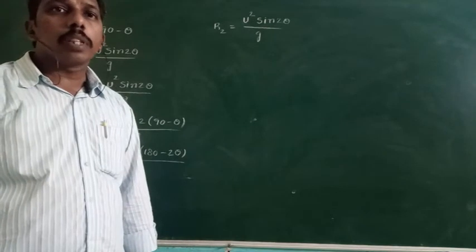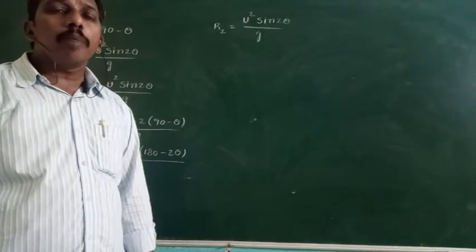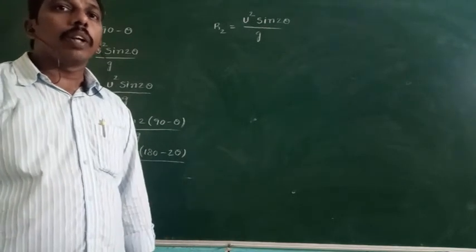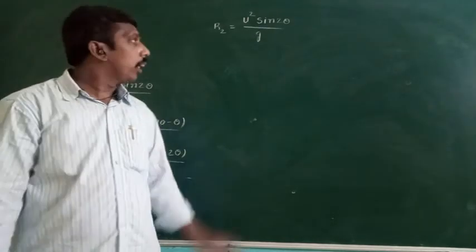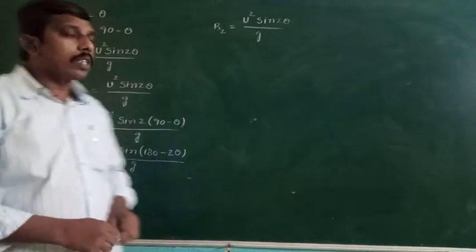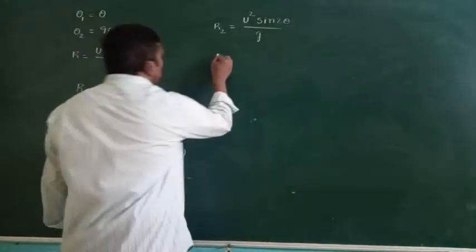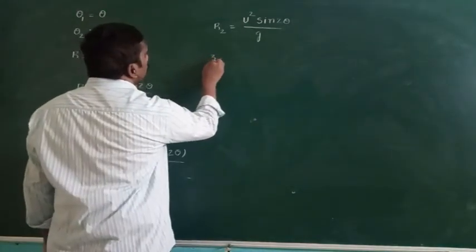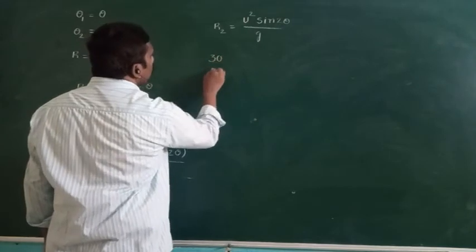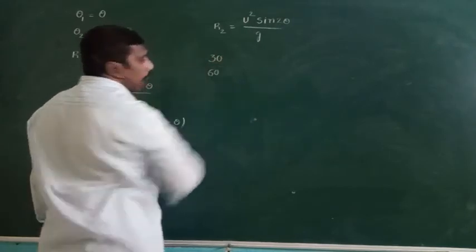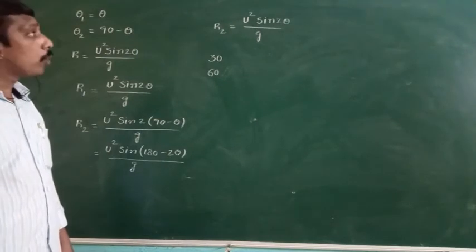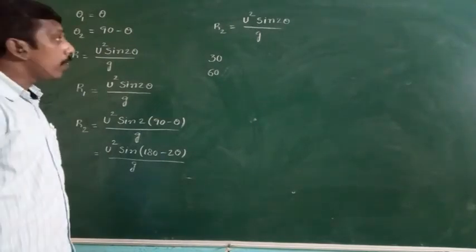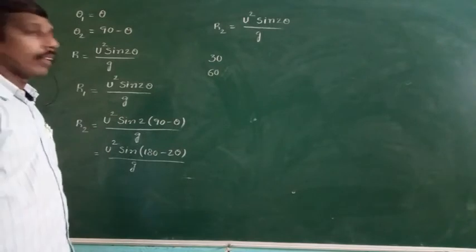If two bodies are projected with the same initial velocity but complementary angles, the range is the same. Suppose one body is projected with 30 degrees and another with 60 degrees: in both conditions range is the same. But what about maximum heights? Maximum height is different for different bodies.